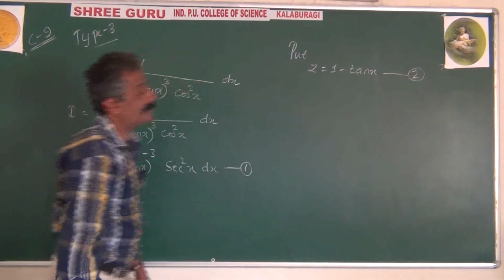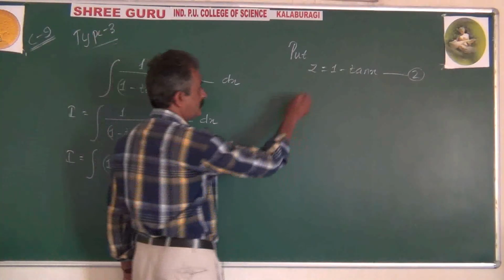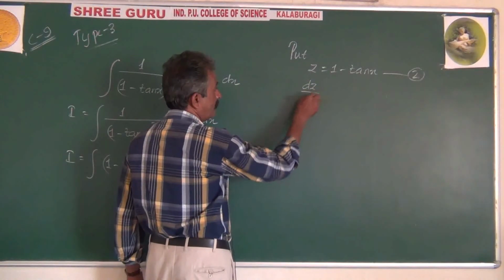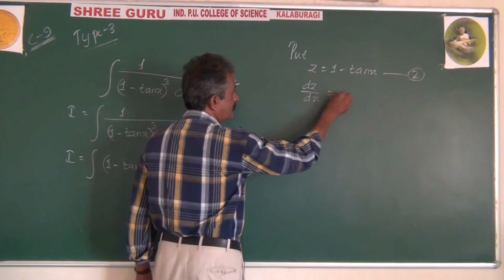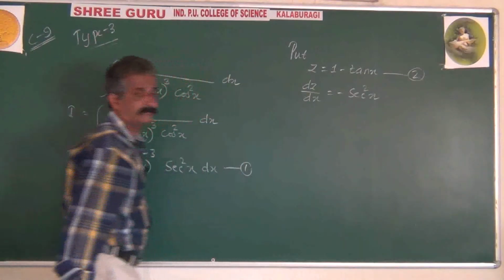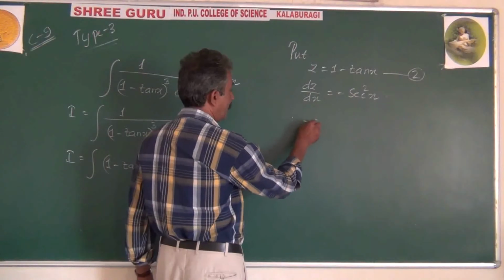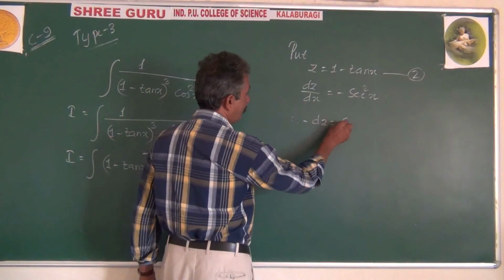Again I repeat that you can put only for tan x also. Differentiate dz by dx. Differentiation of 1, 0. Differentiation of tan x is secant square x. So from this, minus dz equal to secant square x dx.